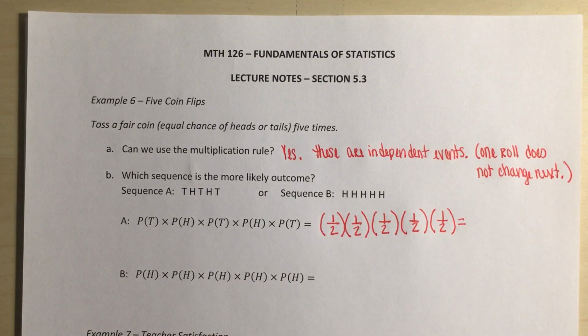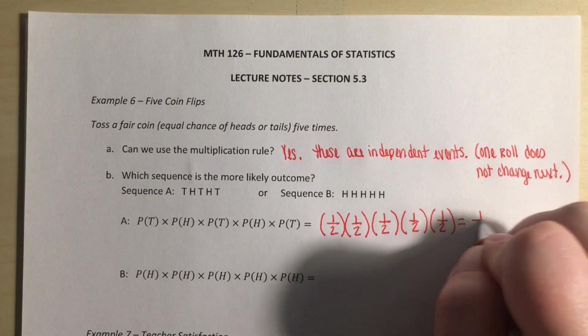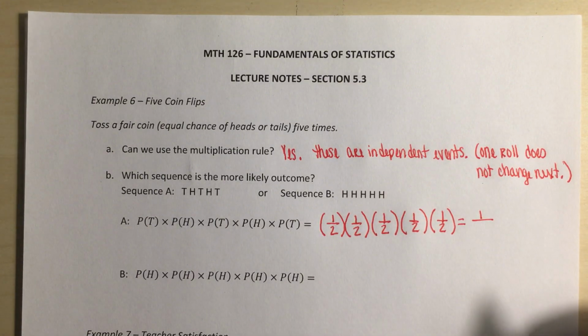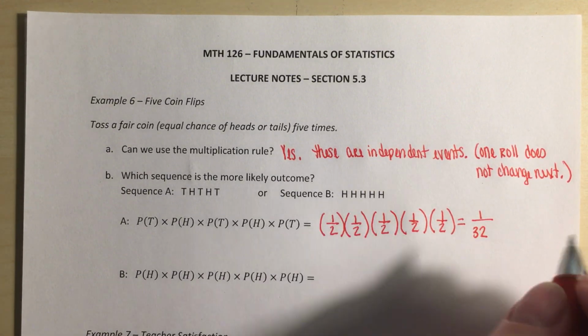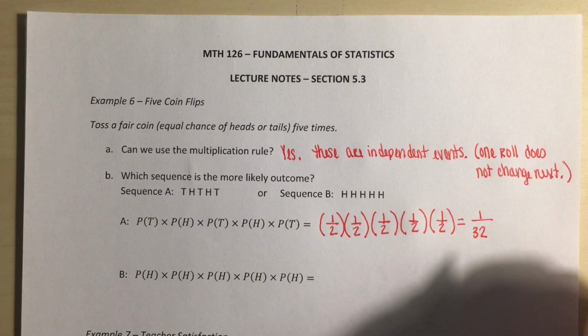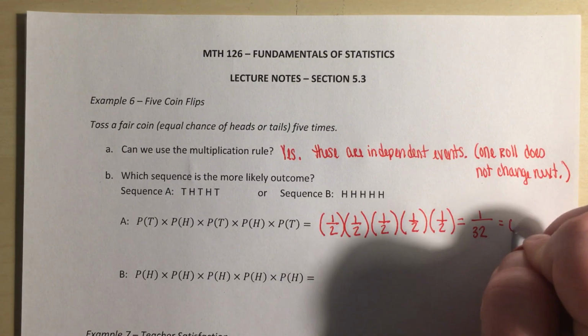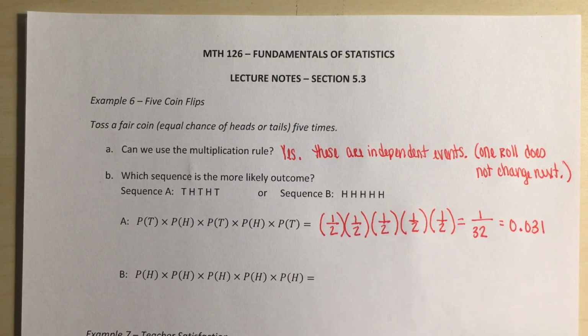We multiply all the way across. 1 times 1 times 1 times 1 times 1 is still 1. 2 times 2 times 2 times 2 times 2, 2 to the 5th, is 32. Which gives us 0.031 if we changed it to a decimal.